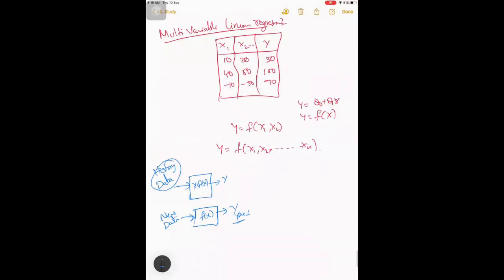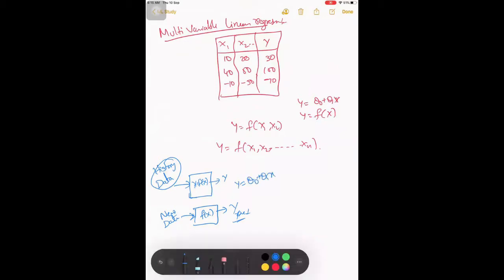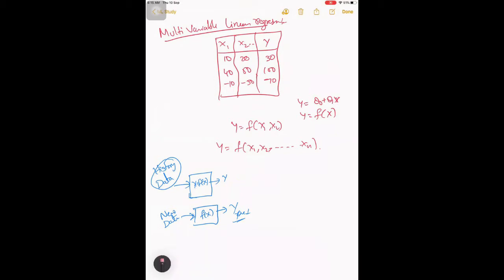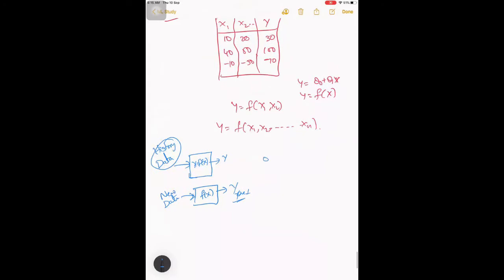Let's take an example: x values 0, 10, 20, and correspondingly y values 20, 40, 50. In between, if you ask for the data at 7, based on this plot and the relation, it will give the corresponding y for an x value of 7. It will learn the relation between these two.